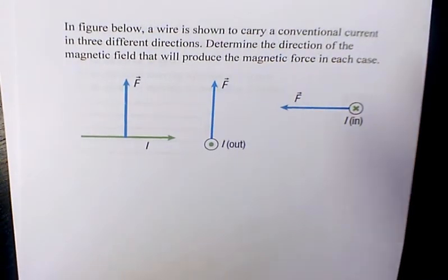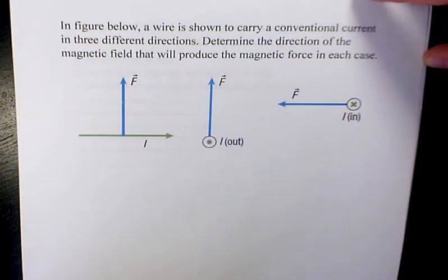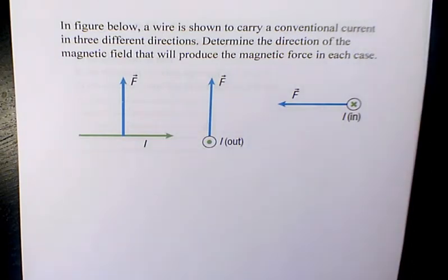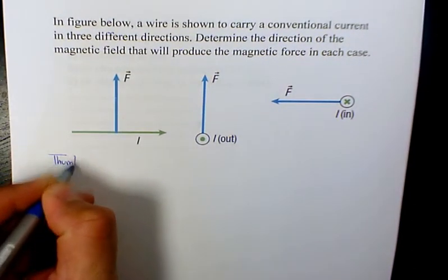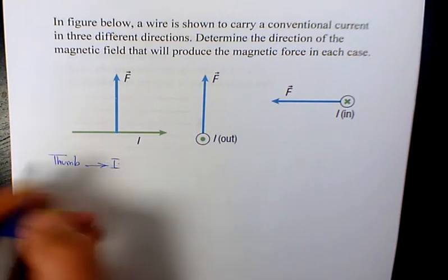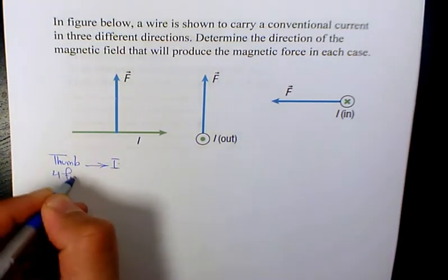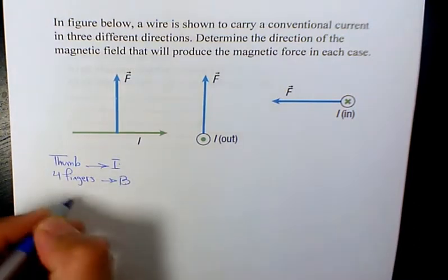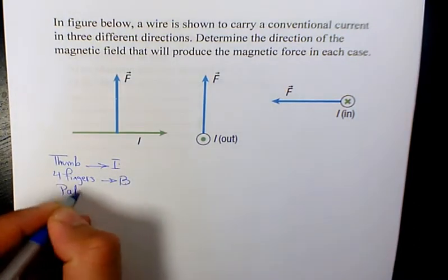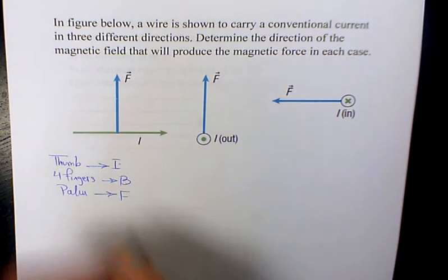Now in the next example, it says in the figure below a wire is shown to carry a conventional current in three different directions. Determine the direction of the magnetic field that will produce a magnetic force in each case. So again, thumb is showing I direction, four fingers showing B direction, which we need to find, and then palm of your right hand is going to show you the F direction.